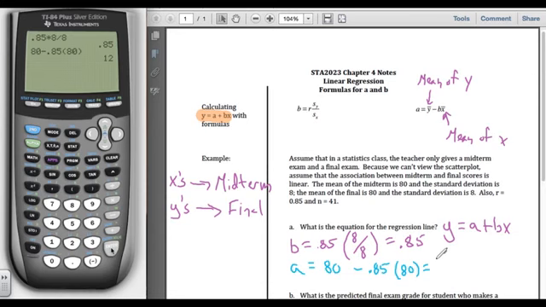And we get 12. So our regression line would be y equals 12 plus 0.85x. I know A is 12, and I know B is 0.85.